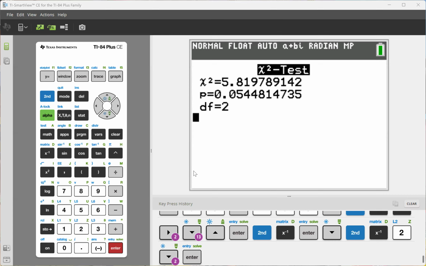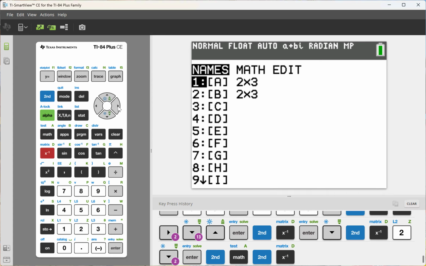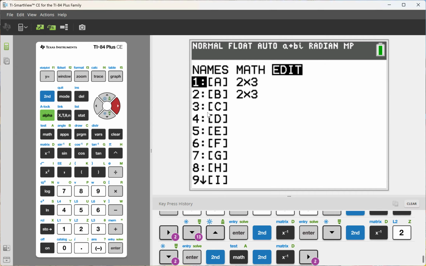We're going to put what we observed in a matrix, and then we're going to put what we expect in another matrix. So I'm going to go second matrix, there we go. I'm going to go to edit, and I'm going to put this in C. I'm going to leave A and B alone until I finish my exam, because I might want to go back and check those. So I'm going to do this in 3.